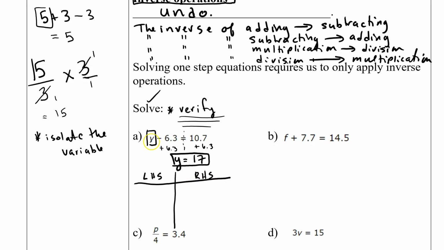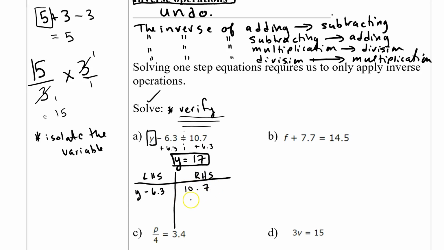So on the left-hand side, we have y minus 6.3, and on the right-hand side of that equal sign, we have 10.7.